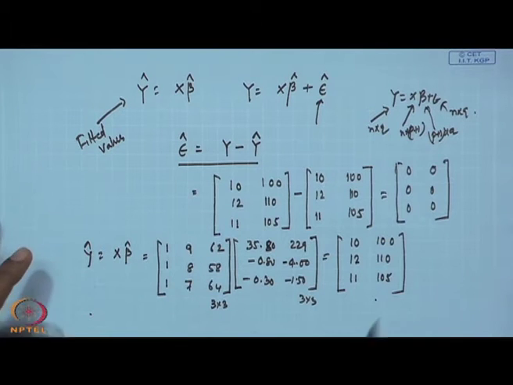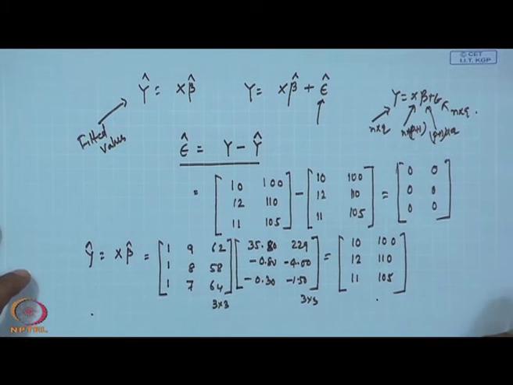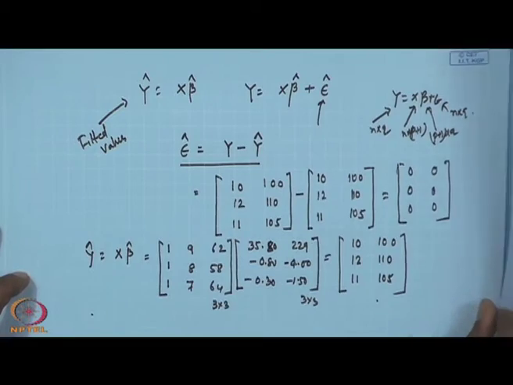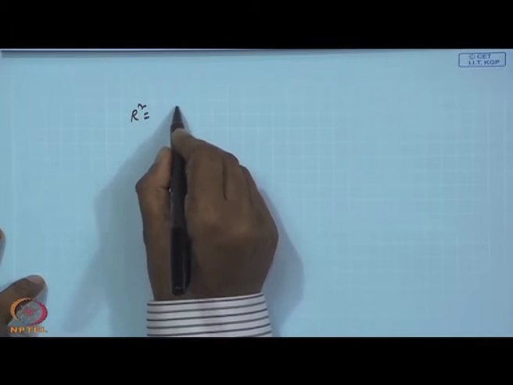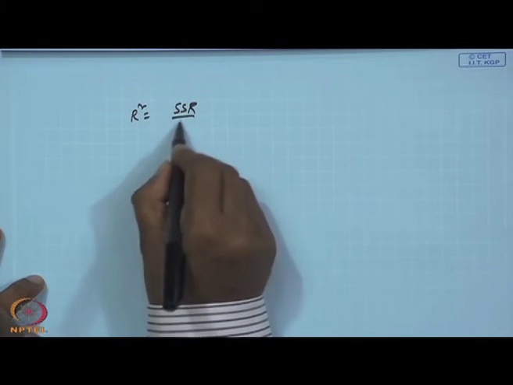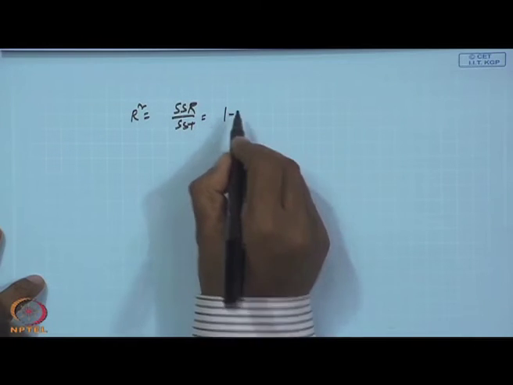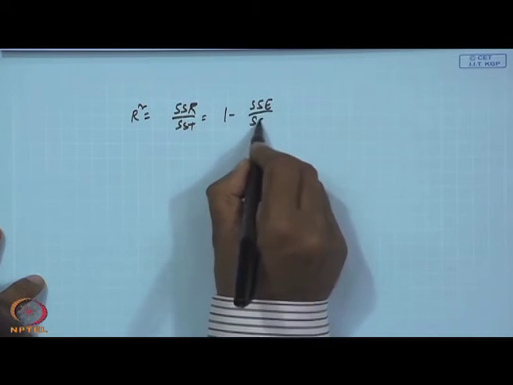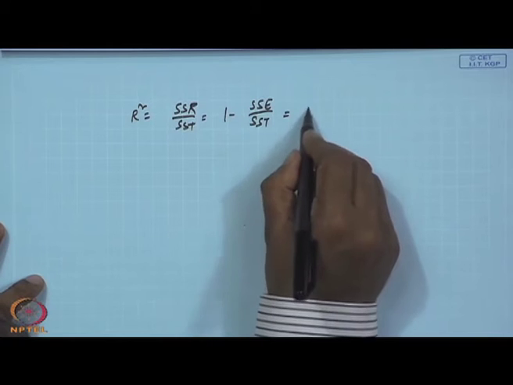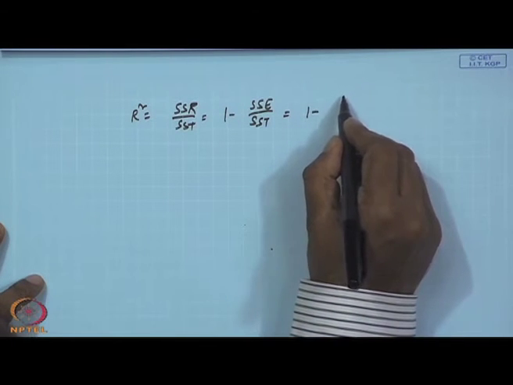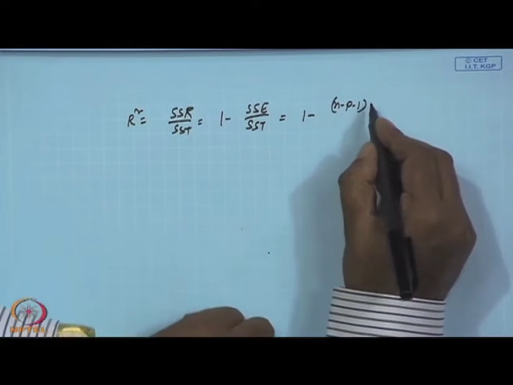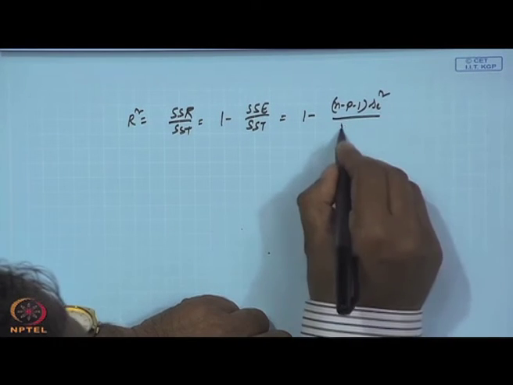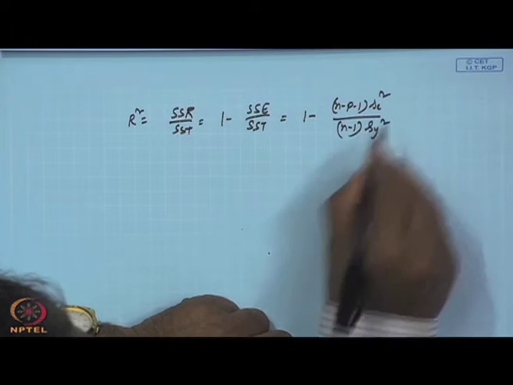This is happening because, if you recall the multiple regression case, there we have seen that R square equals SSR by SST, and then we have written 1 minus SSE by SST, then 1 minus n minus p minus 1 into SE square by n minus 1 into SY square.